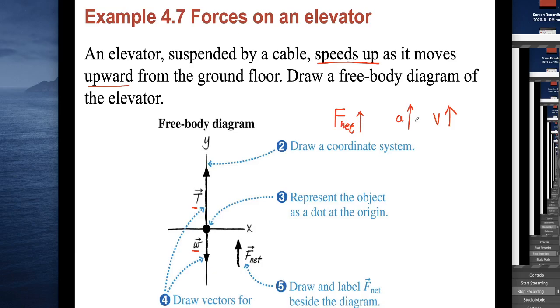Actually, we derived it from the velocity to acceleration to net force. If the net force is going up, then the tension force should be greater than the weight. Okay, this is the way to solve this problem.